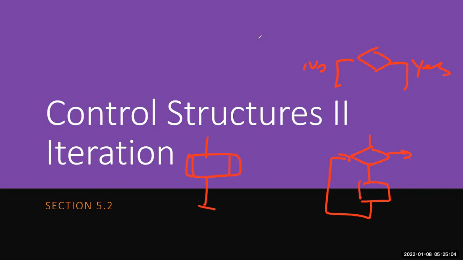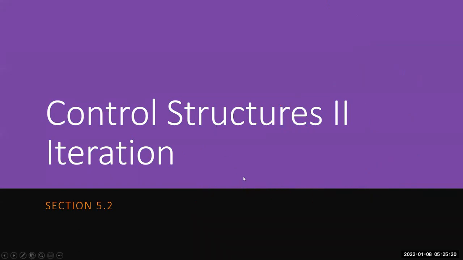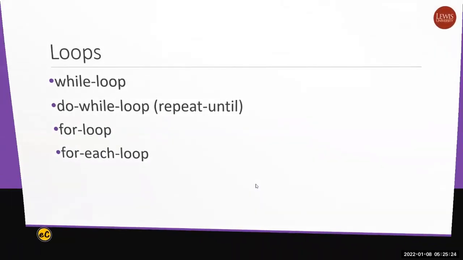What I'm drawing is the flowchart: you go to some program, and then you finish and come back. That's a function. So now we are going to move on to the iteration.